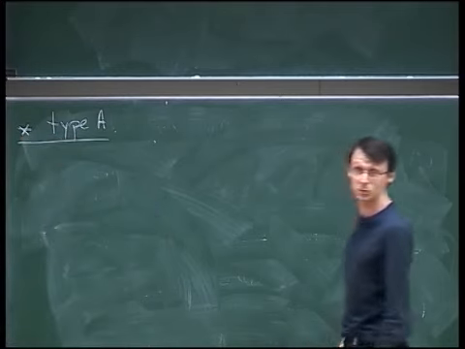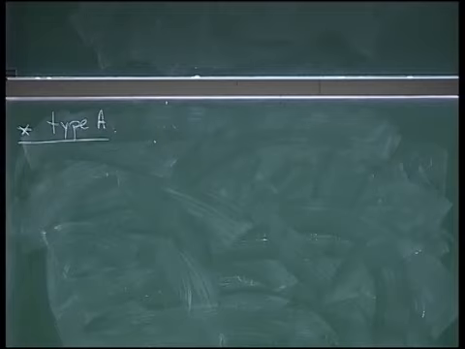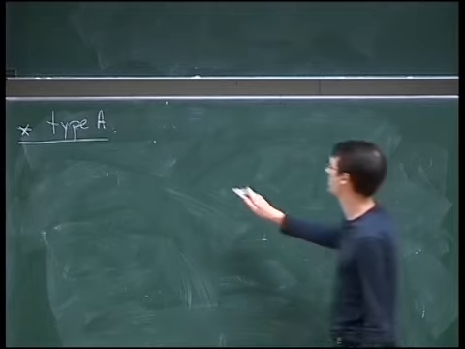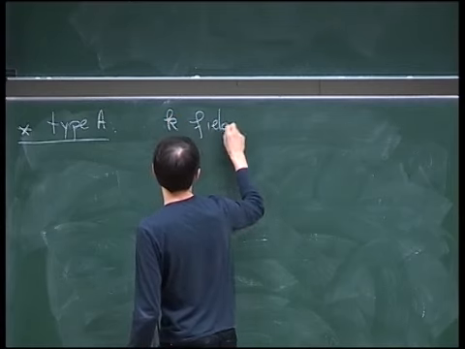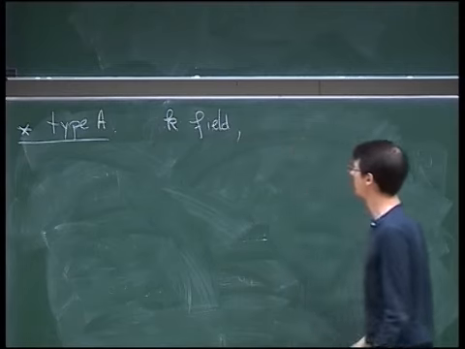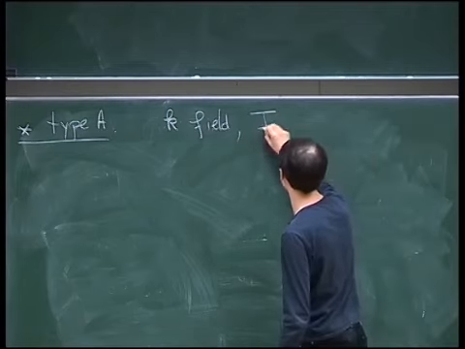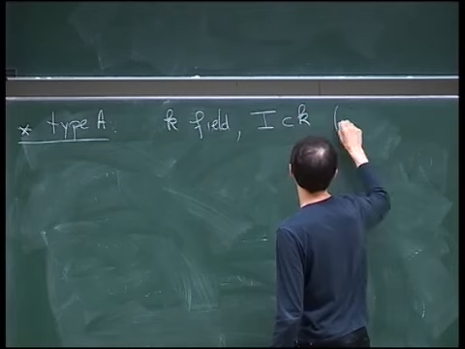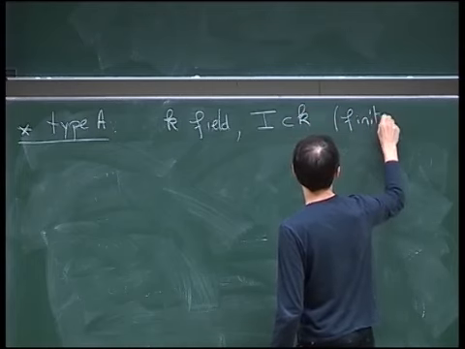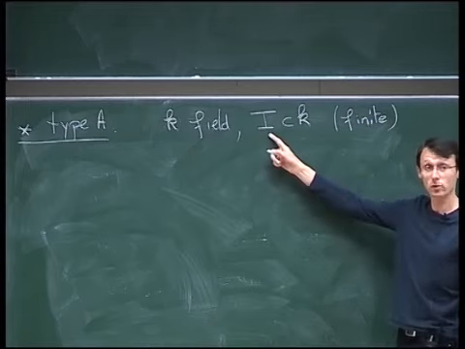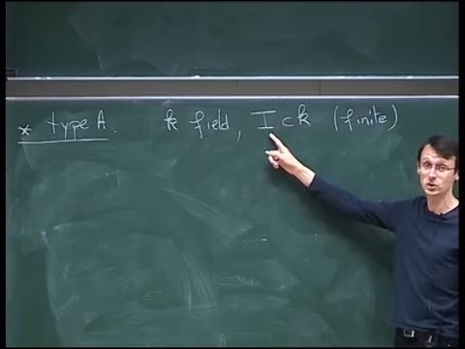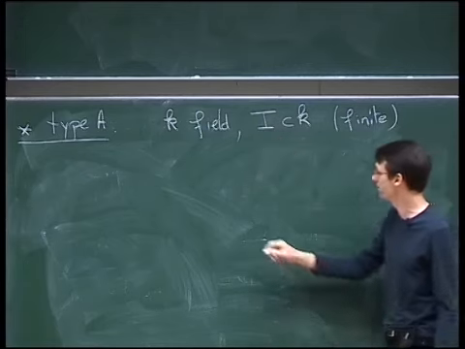So how do we produce type A structures? Well, one way is to start with a field K and take I a subset of K, let's say finite if you want; the construction works in the infinite case as well. My claim is that there is a natural structure of quiver on such a set, defined as follows.